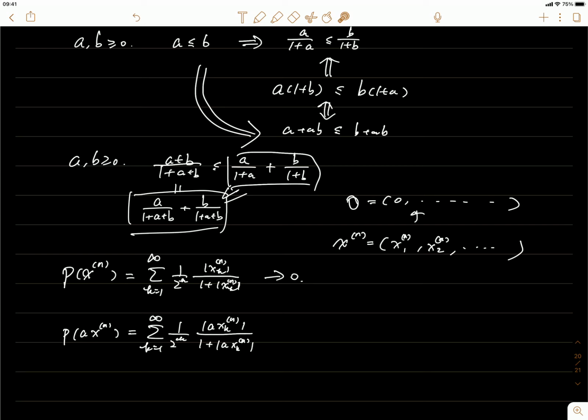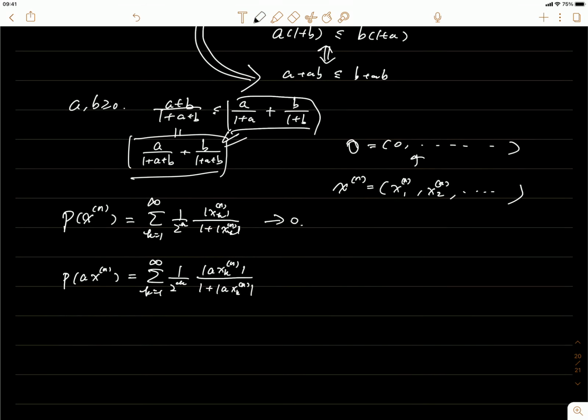Okay. Well, again, we're going to verify a property that for any A, B greater than or equal to 0, I'm going to show that a times b over (1 plus a times b) is less than or equal to a times b over (1 plus b) if a is bigger than or equal to 1, or is less than or equal to this if a is less than 1.